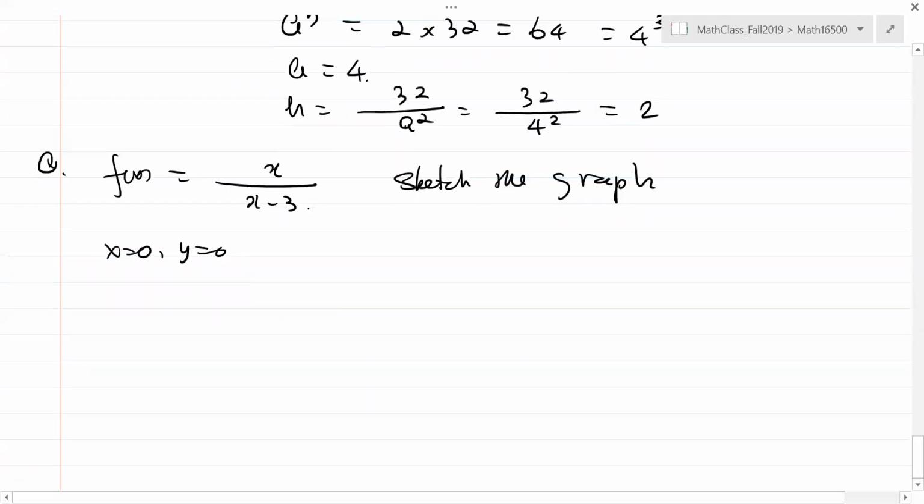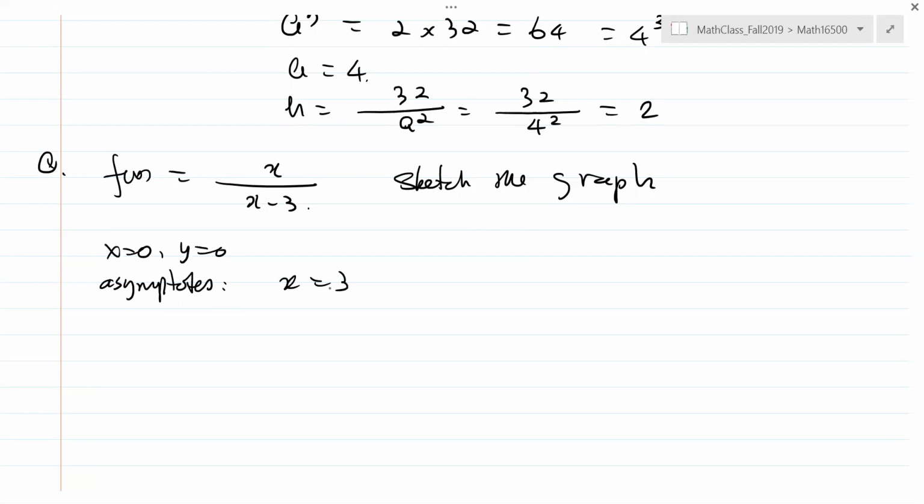Okay, no problem. So then asymptotes. x equals 3 is a vertical asymptote. When x equals 3, it's undefined, it blows up. But also when x approaches infinity, y approaches 1.